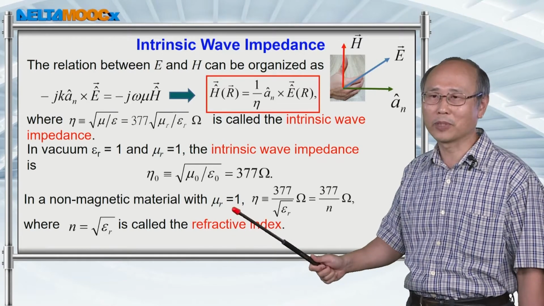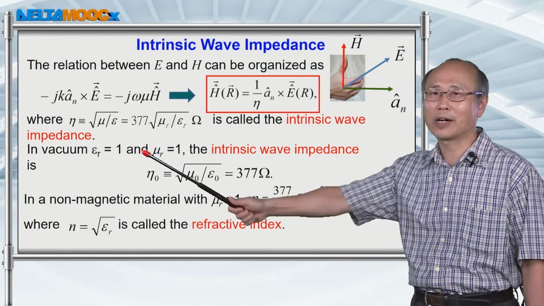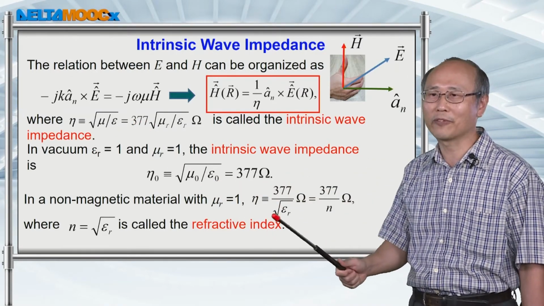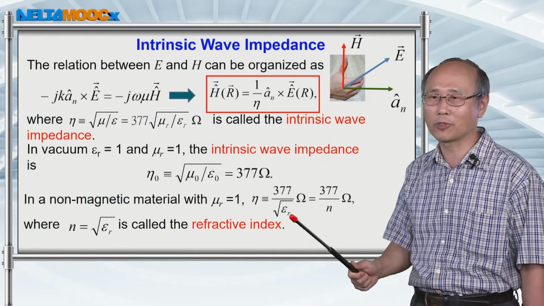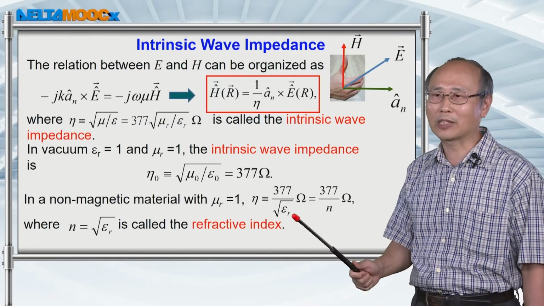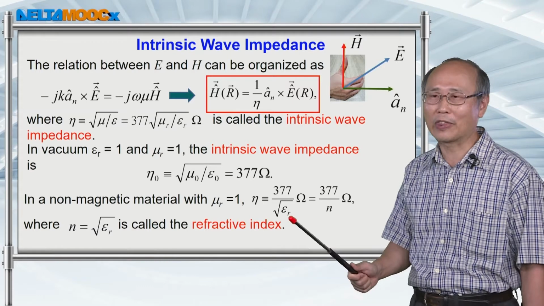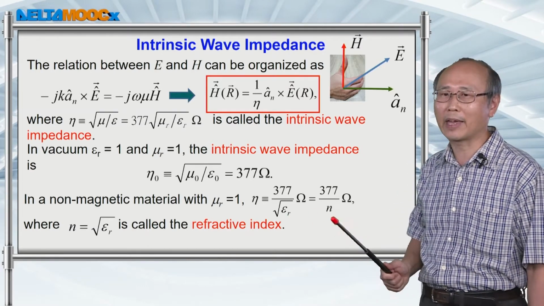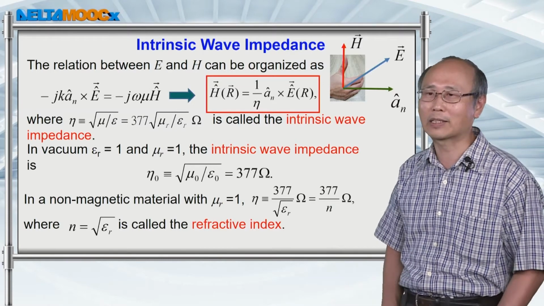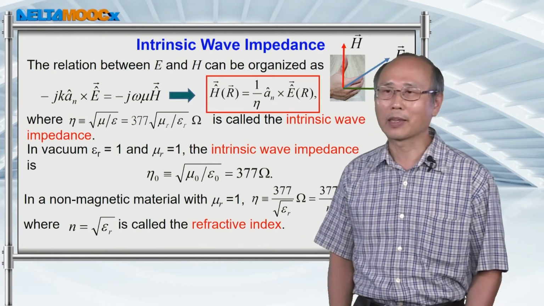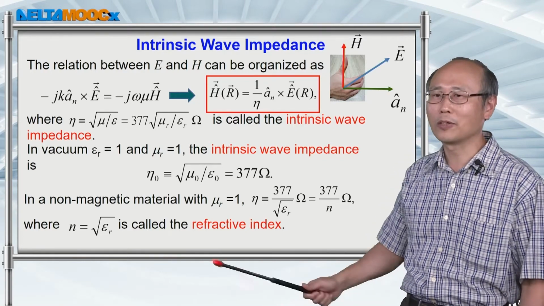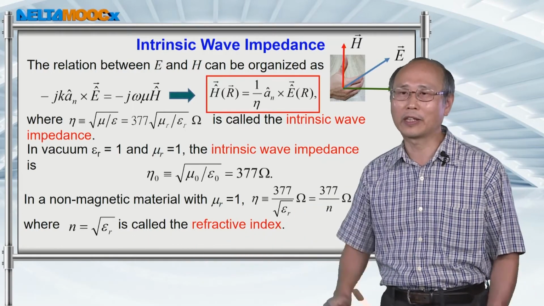So eta now is just 377 ohm divided by the square root of epsilon r. In optics, we often define this square root of epsilon r to be a symbol n, which is the refractive index of the material. So when you work on optics problems, you'll be seeing this refractive index quite often.